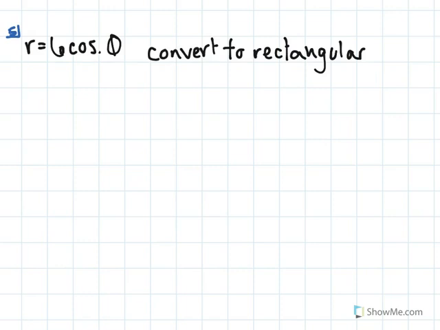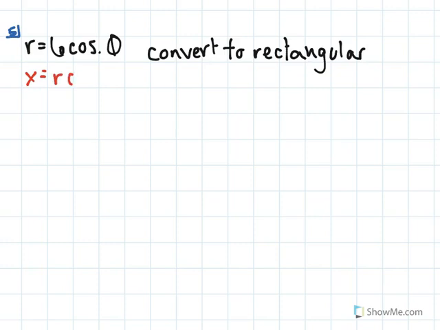So in this question, we're sort of working in the opposite direction of what we've been doing previously. We're given that r equals 6 cosine theta, and we're asked to convert it into rectangular. So as we've been doing in our other problems, let's just remember some of our conversion facts.